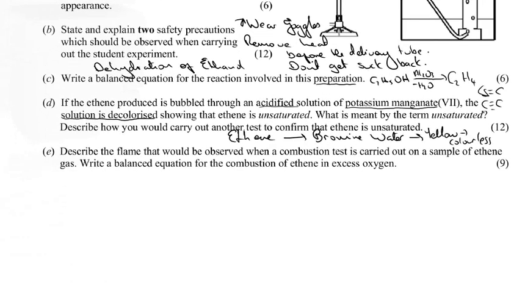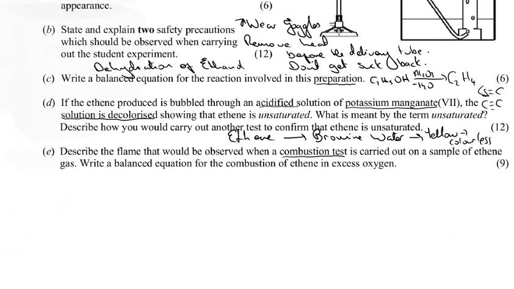Describe the flame that would be observed when a combustion test is carried out on a sample of ethene. Now, a combustion test means you burn it. Then it says write a balanced equation for the combustion of ethene in excess oxygen. Well, first of all, describe the flame. Again, I gave you the video. You can see the flame. Please, please, please watch these videos. They're there for your own learning.